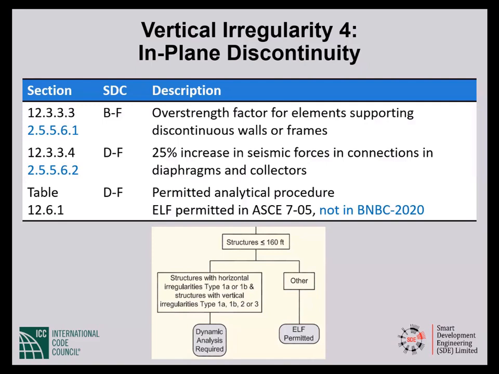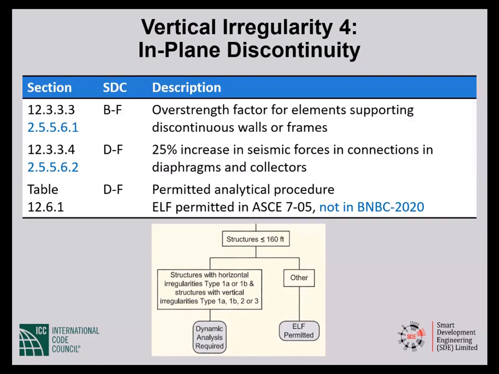That's extremely important. Then 25% increase in seismic forces in connections in diaphragms and collectors. And then equivalent lateral force procedure will be permitted by ASCE 7, but BNBC will have you do dynamic analysis. Any vertical irregularity, BNBC will force you to do dynamic analysis.